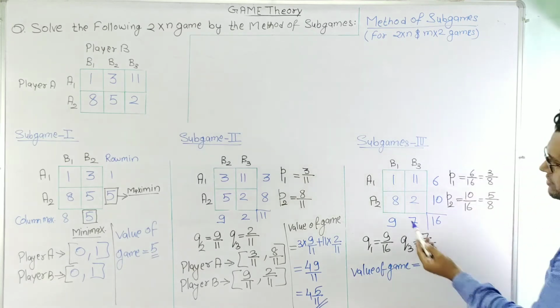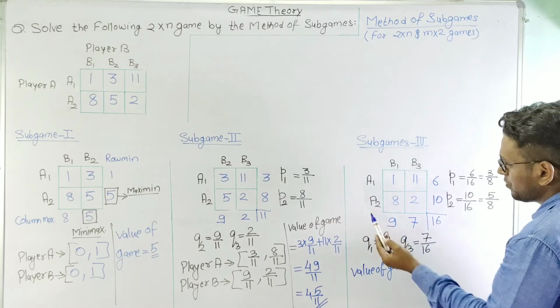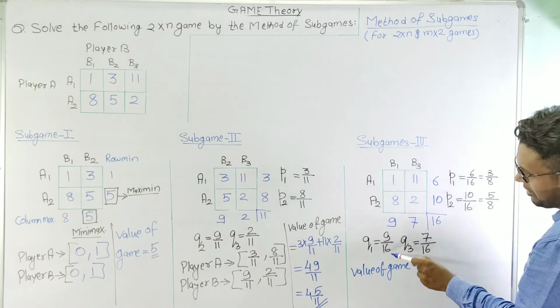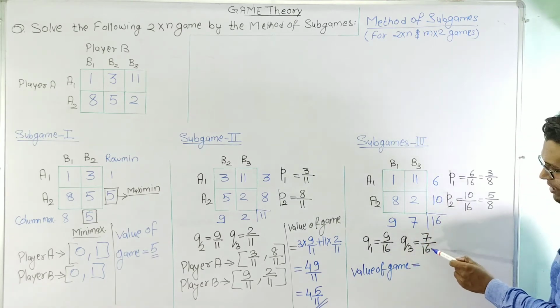The value of the game can be calculated by a similar process as we have done in sub game 2. Let us consider row 1. So this will be 1 multiplied by 9 by 16 plus 11 multiplied by 7 by 16.